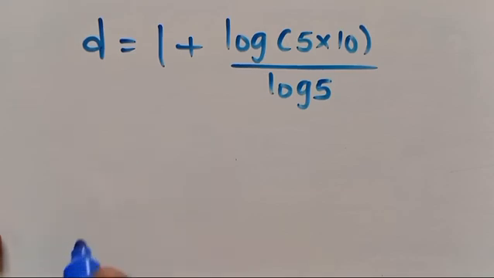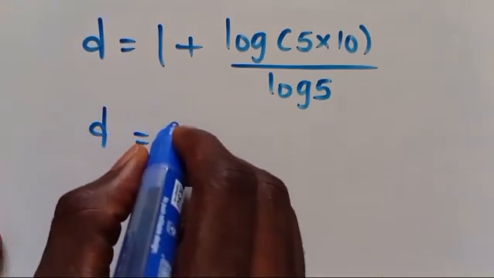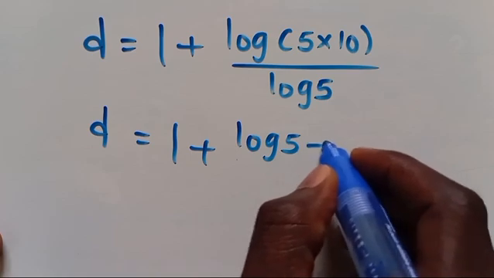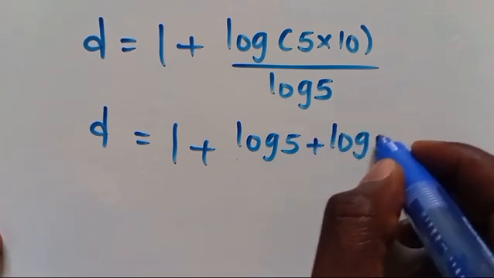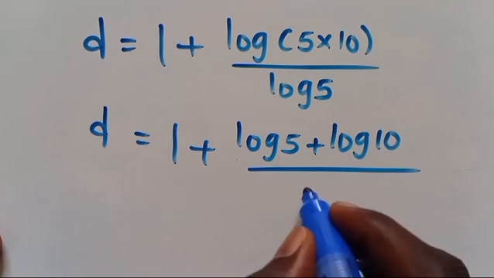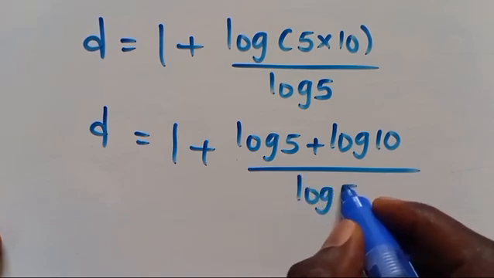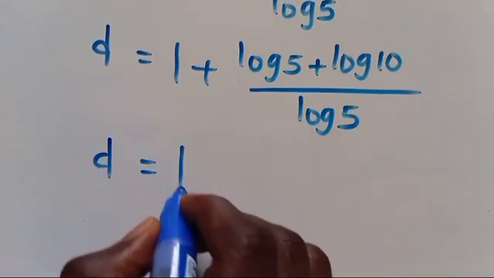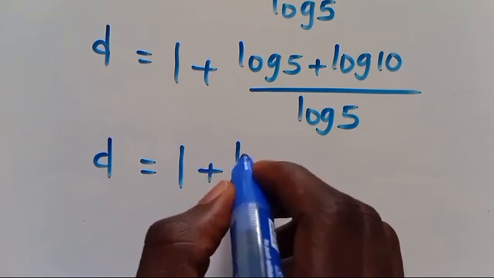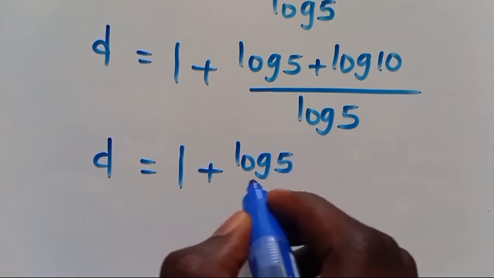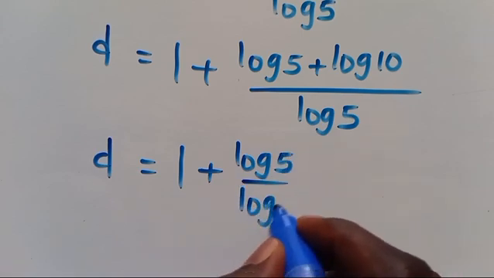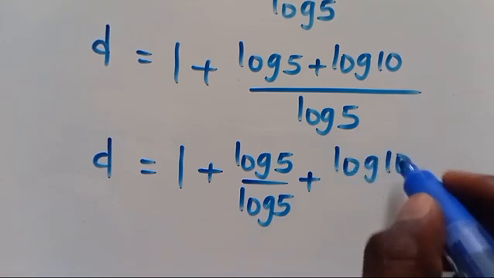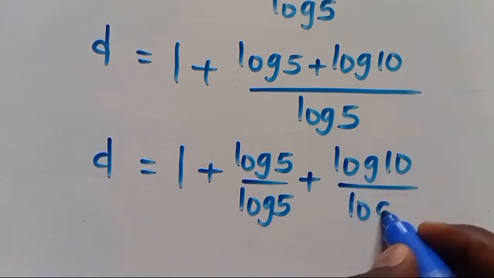So d equals 1 plus log 5 plus log 10 divided by log 5, which is 1 plus log 5 divided by log 5 plus log 10 divided by log 5.